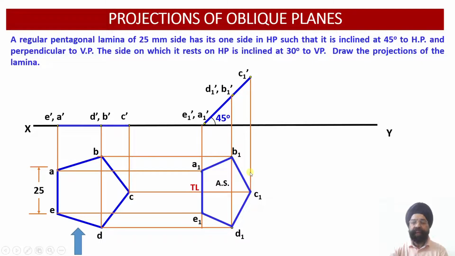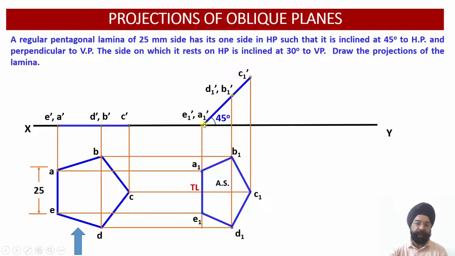And another thing you can work out over here, this dimension has been reduced, this dimension has been reduced, this dimension has been reduced, this dimension has been reduced. Why? Because of this inclination. But still there is one dimension of this pentagonal lamina which is obtained as a projection in the top view, that is A1, E1, which is still parallel to or contained by the horizontal plane.